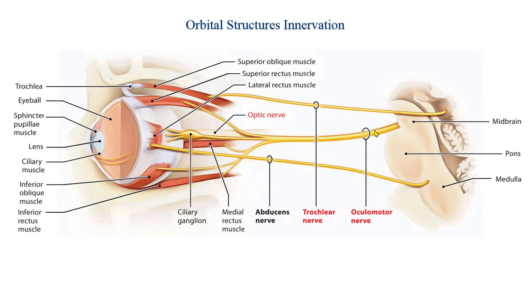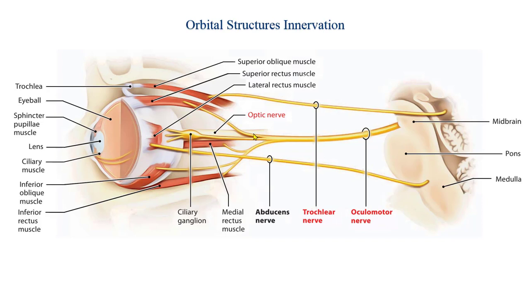The oculomotor nerve enters the orbit through the superior orbital fissure, where it divides into superior and inferior divisions to innervate the intrinsic ciliary and sphincter pupillae muscles and all of the extrinsic muscles except the lateral rectus and the superior oblique.